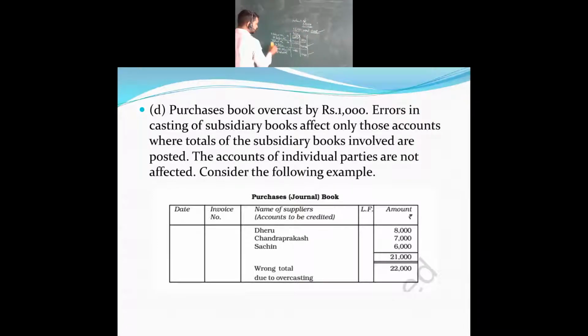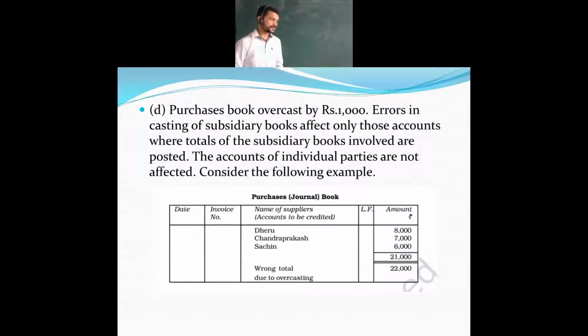Here, what is it that is told? Purchase book overcasted. Here the purchase book is overcasted by rupees 1,000. Error in casting of the subsidiary book affects those accounts where totals of the subsidiary books involved are posted.